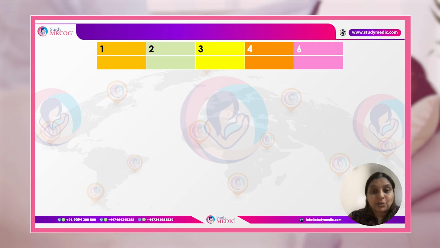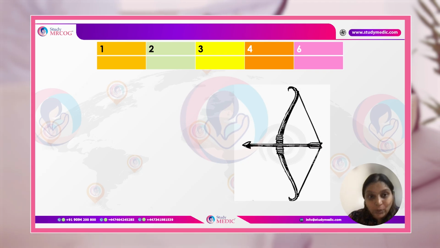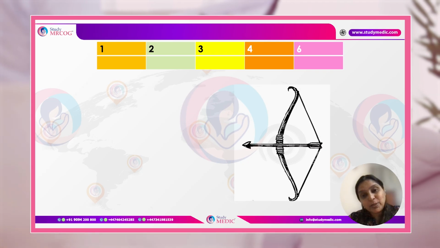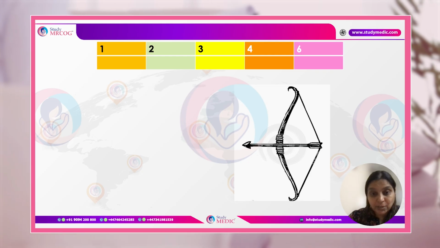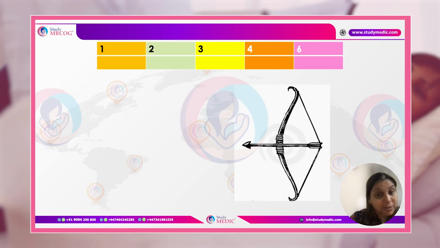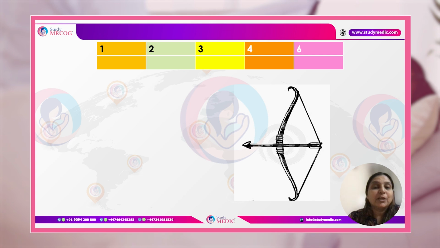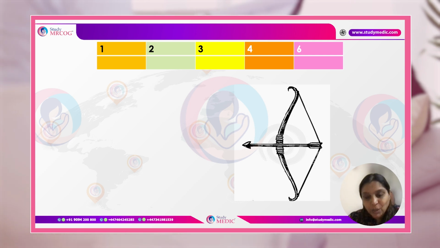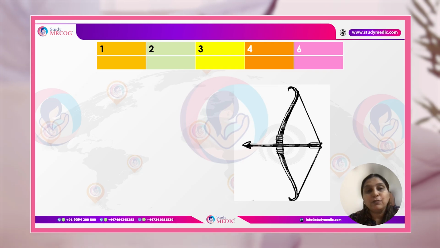Pharyngeal arches reminds you of archery, a bow and an arrow. As we learned earlier, there are 6 pharyngeal arches developing. However, the 5th arch either regresses completely or starts to develop and then fails to develop, so the 5th arch is to be ignored. In all we have 5 arches: number 1, 2, 3, 4 and 6.